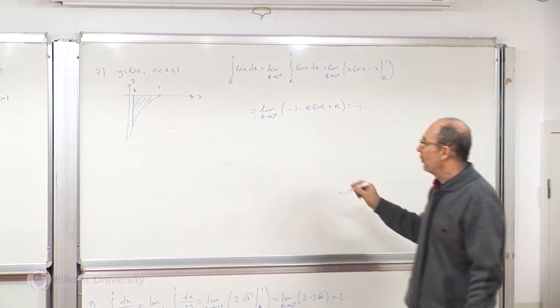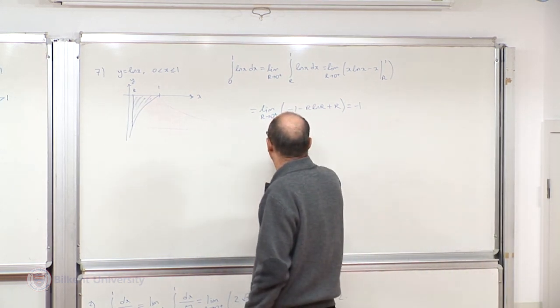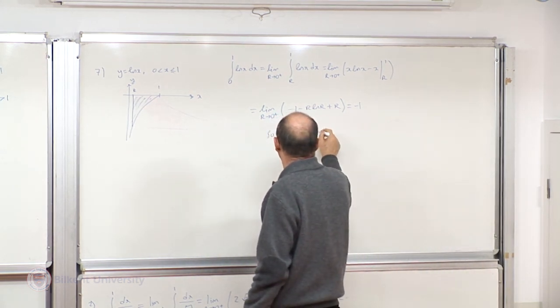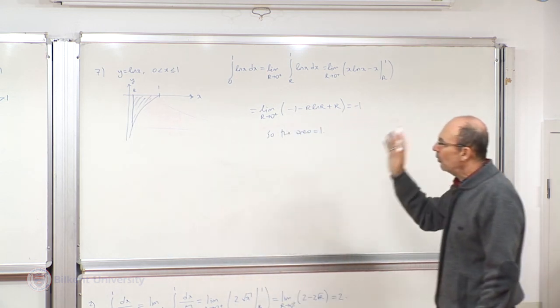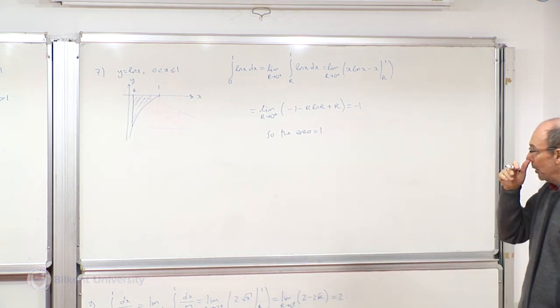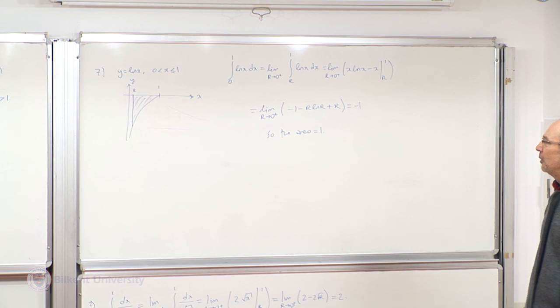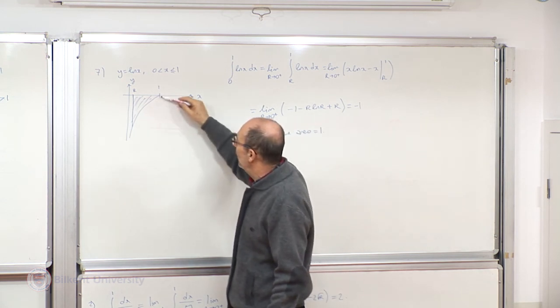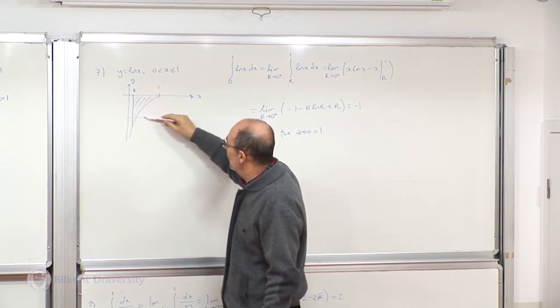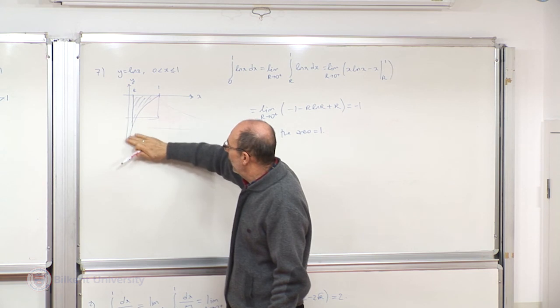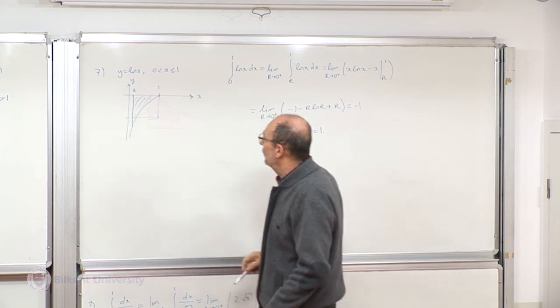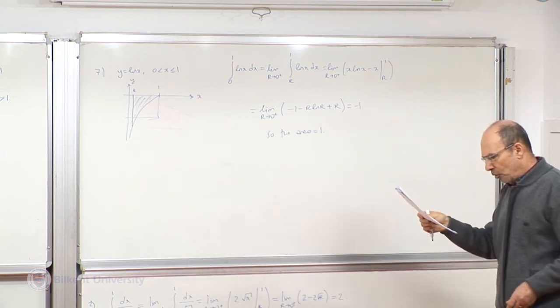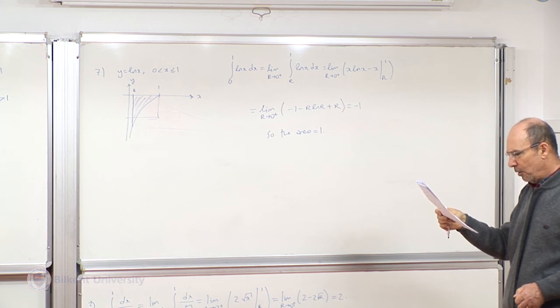So the area is equal to 1. All that area from 1 to 0. This thing goes to infinity, but if you consider this box here, all the area here fills up this part.